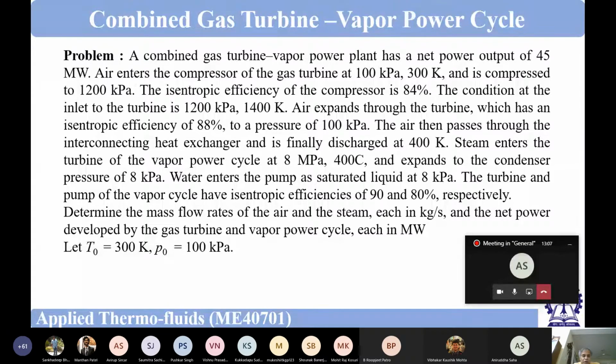Okay, so it would also be good to have the efficiency of these two cycles separately, and what is the overall efficiency of the cycle. So all of you should do these calculations and get an idea of the cycle.